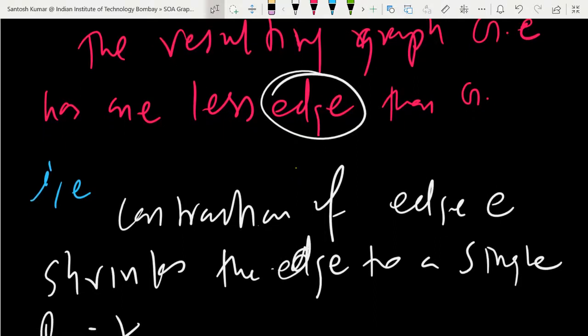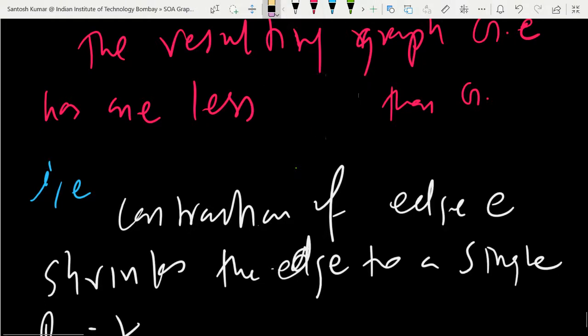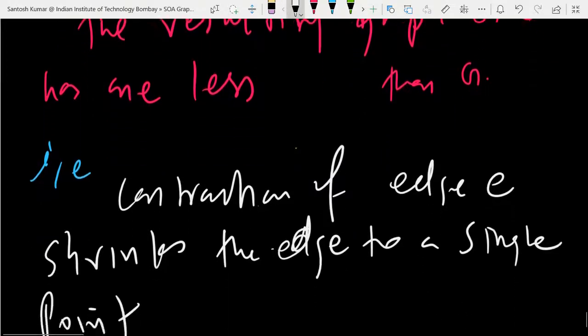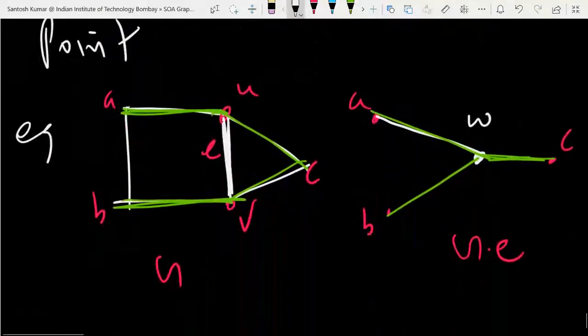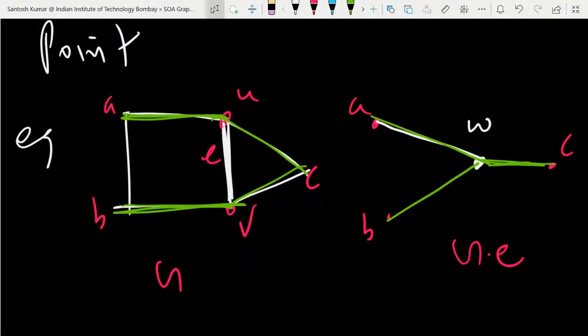What do you think, edge or vertex? G dot E has both. Look here, how many edges are here?